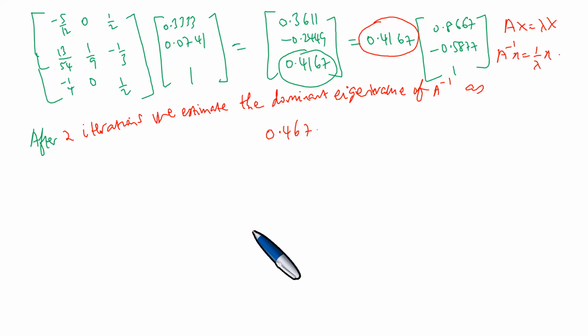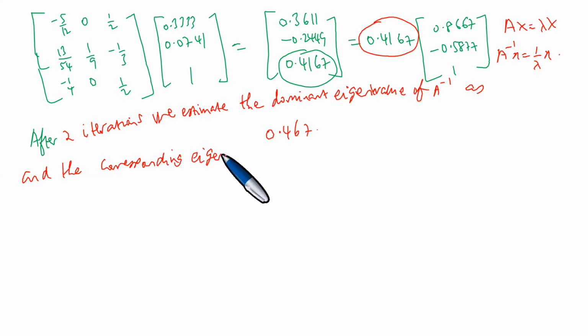Right, and the corresponding eigenvector. Okay, this is 0.4167.